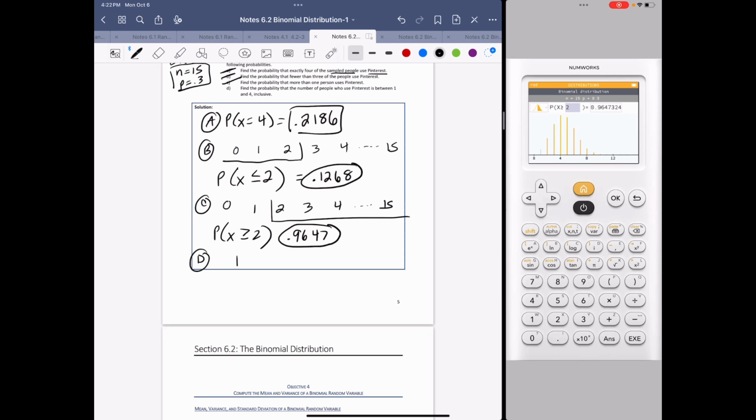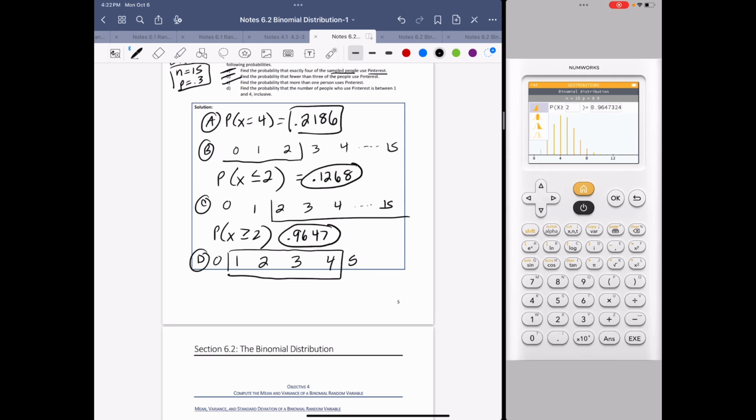If it says 1, 2, 3, 4, if it says between 1 and 4 inclusive, I want everything between 1 and 4, and I want 1 and 4 also. So when I look at my graph, I don't want greater.